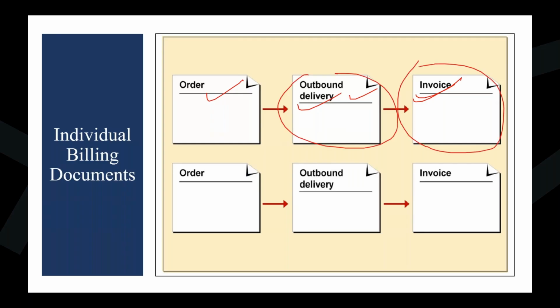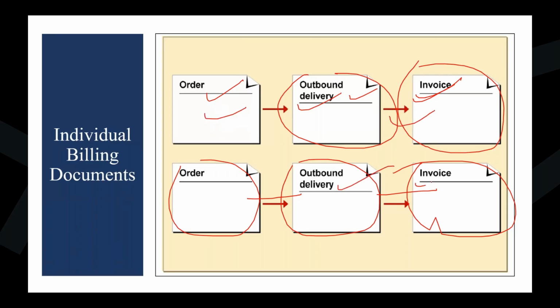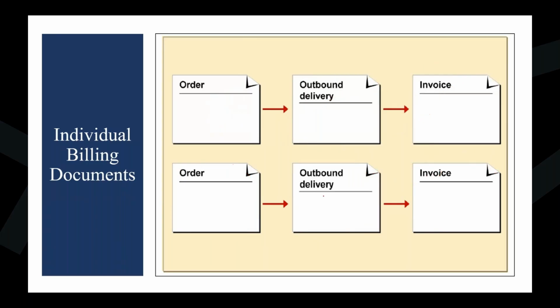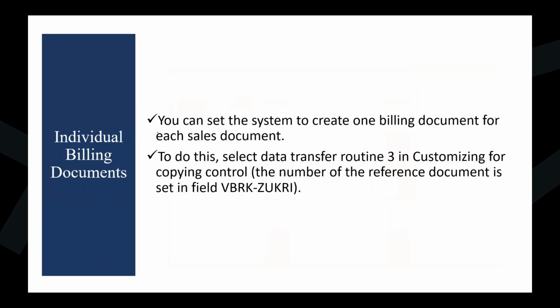You see here a second order outbound delivery is created, and he says I need another invoice. So for each outbound delivery, a separate invoice. In this case, you can set the system to create one billing document for each sales document. To do this, select data transfer routine 3 in customizing for copying control.